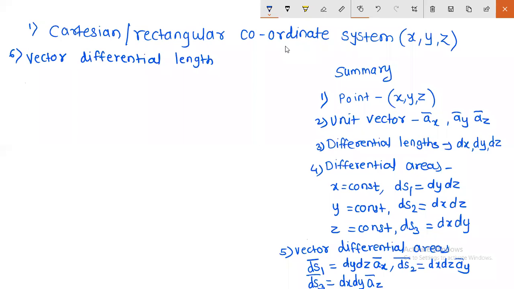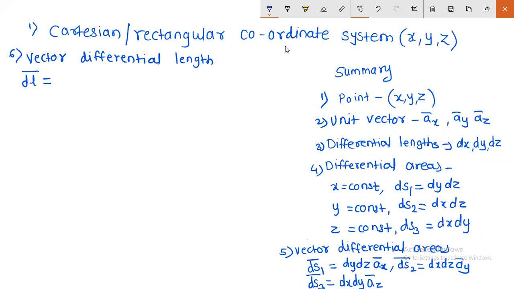So this vector differential length is denoted by dl bar, and it is actually dx, dy, and dz. So if we take for all three directions, then we should again multiply by the unit vector.